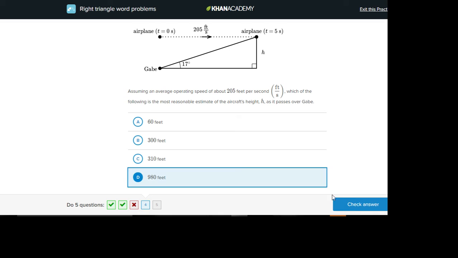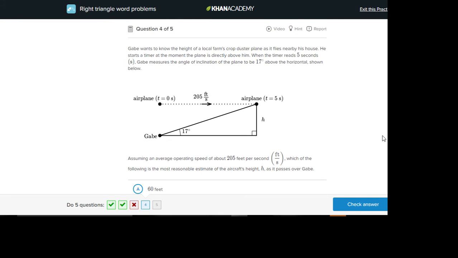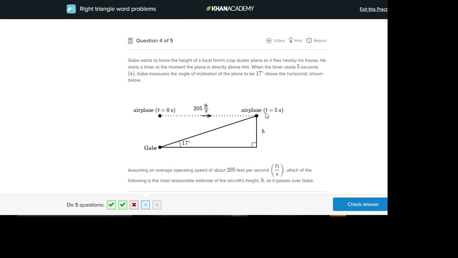Why are you going to do that? You didn't do any math. How do you even know that's right? This has been going for 5 seconds, right? And if it's going 205 feet per second. And what line is that they just told you? That's not the height. Where is that line in the triangle?